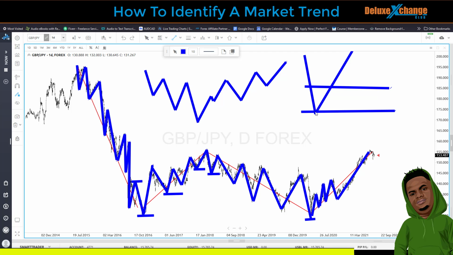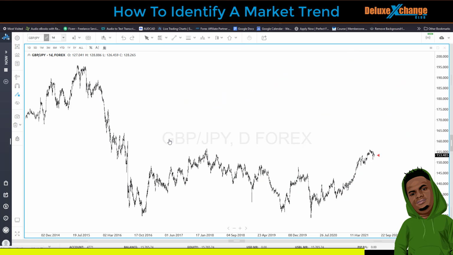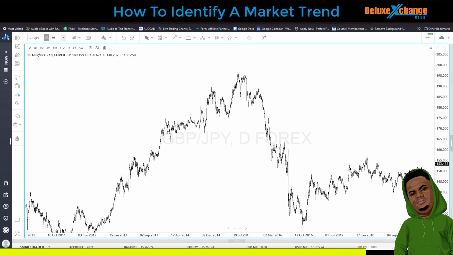You usually tend to see some sideways movement. It doesn't have to be much sometimes to form a big range, but you tend to see some sideways movement, and then the market breaks out and continues going in the direction. That's how consolidation works.